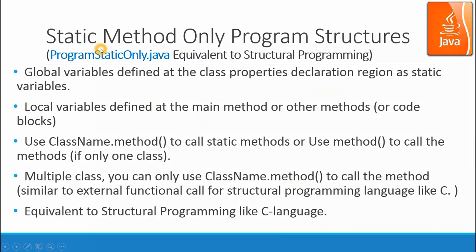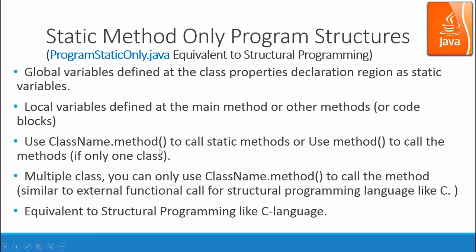The second way to do a program is static methods only. It has the main program and some other static methods called by the main program. Global variables are defined at the class property declaration region as static variables. Local variables are defined in the main method and other methods, all called blocks.